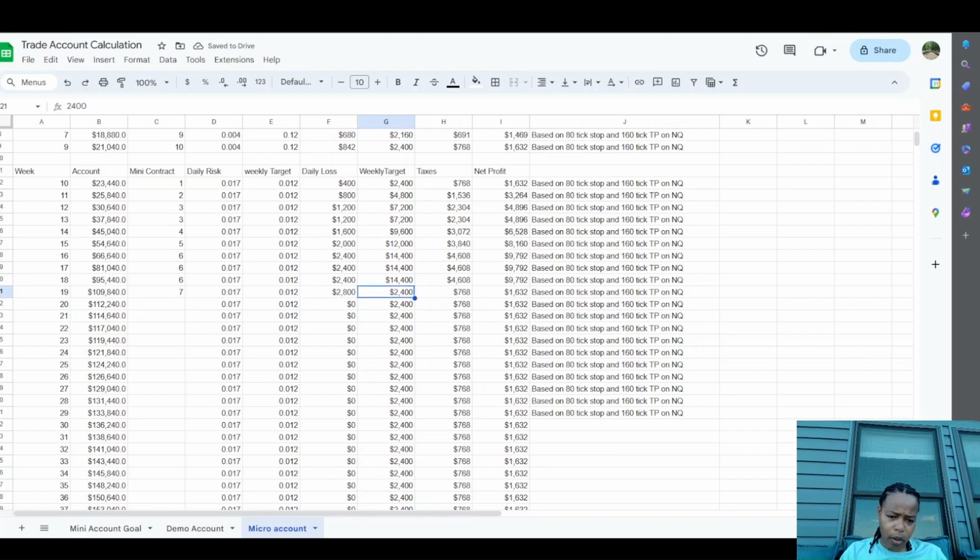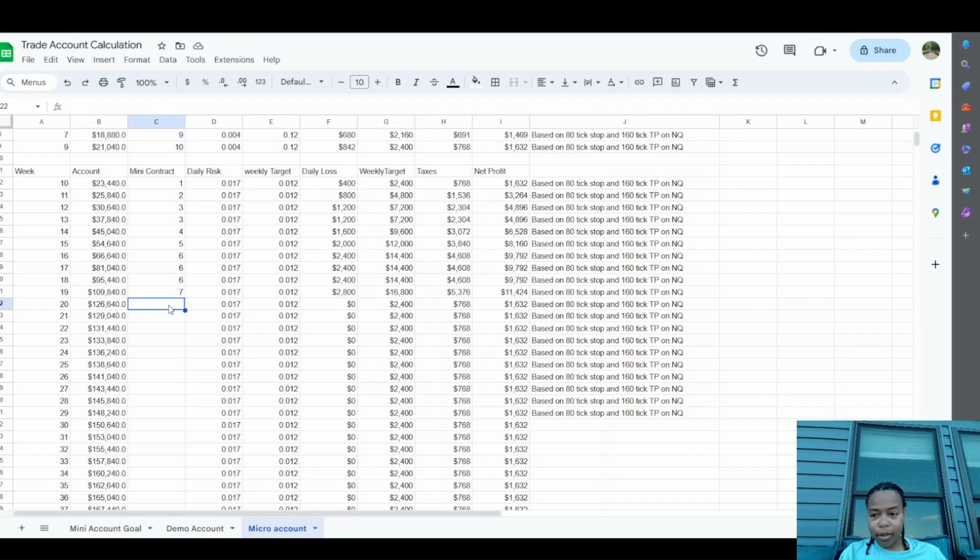So 7 contracts at that small, minute amount. 5,600 times 3, bruh. 16,800 a week, though.